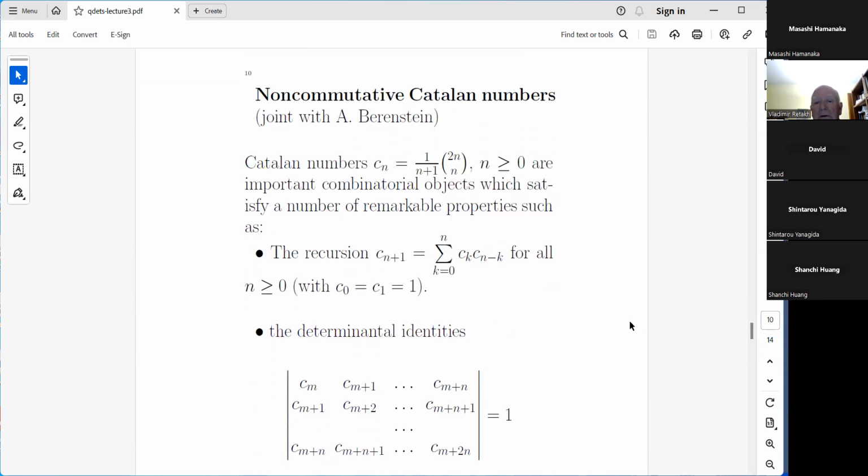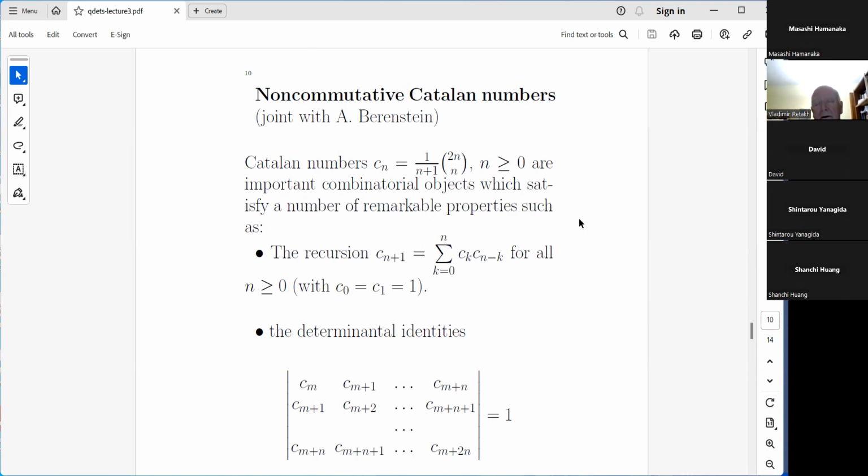Since I'm talking again about quasi-determinants, I would like to use quasi-determinants to define so-called non-commutative Catalan numbers. So let me recall what Catalan numbers are. They are very popular in combinatorics.